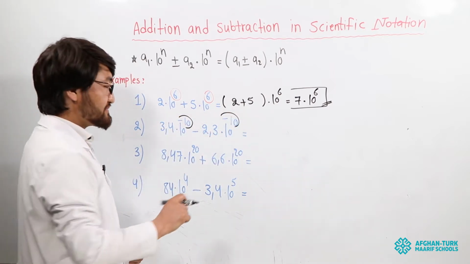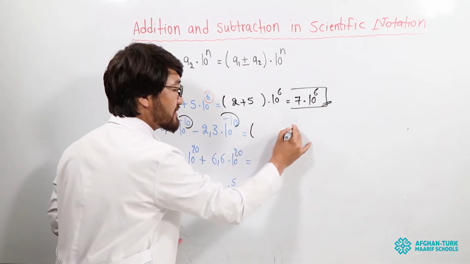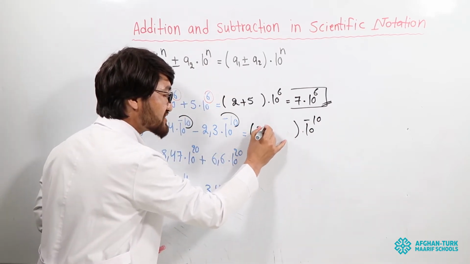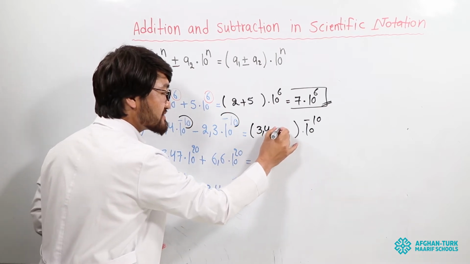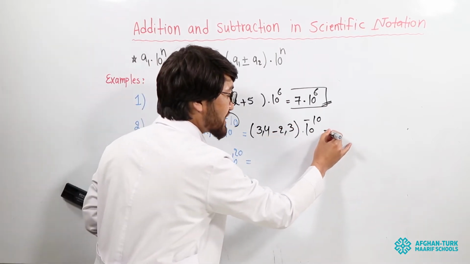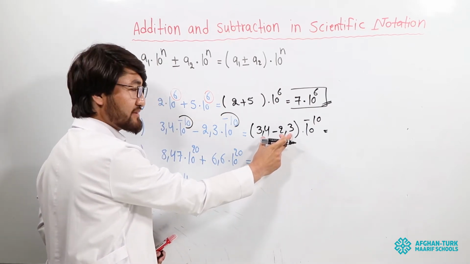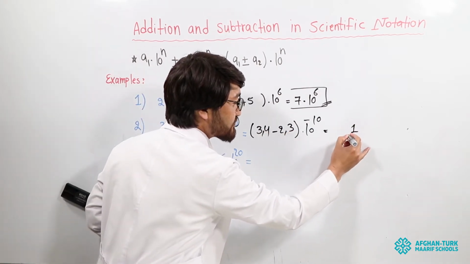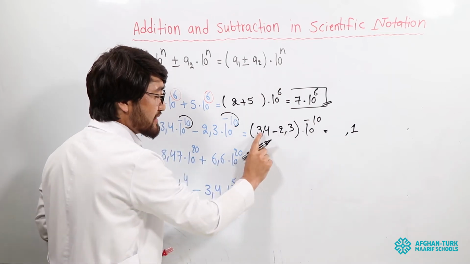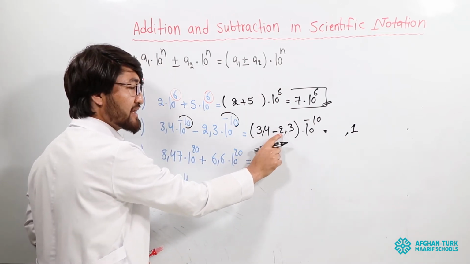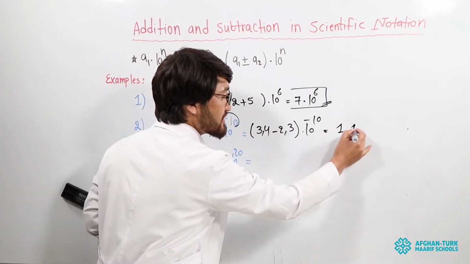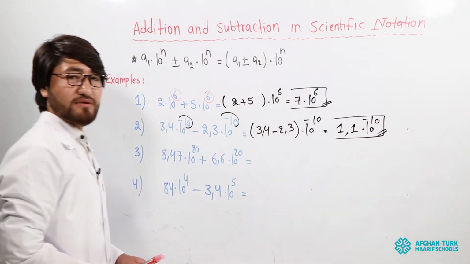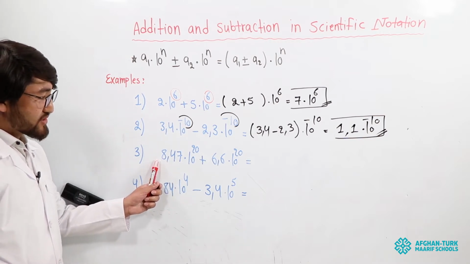We take 10 to the power of minus 10 as a factor, and then we subtract 3.4 minus 2.3. 4 minus 3 is equal to 1, we put the decimal point here, and 3 minus 2 is equal to 1. So 1.1 times 10 to the power of minus 10 is your answer.